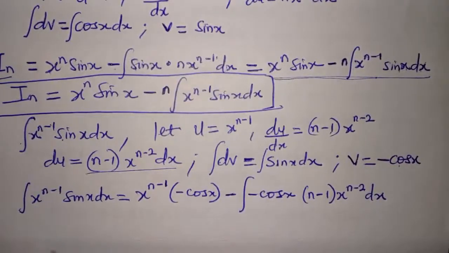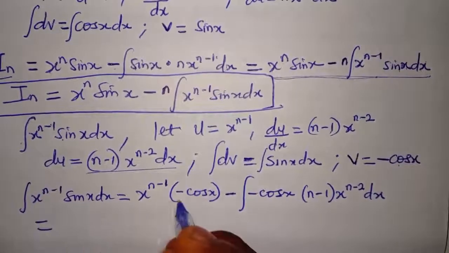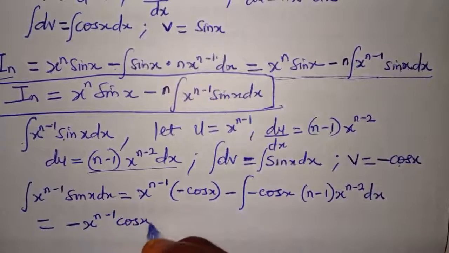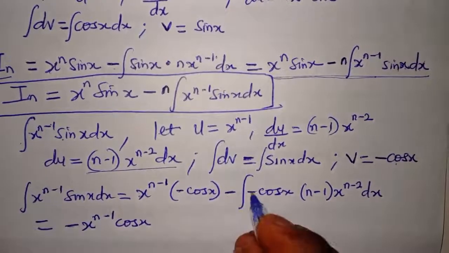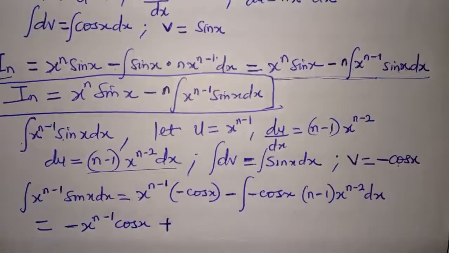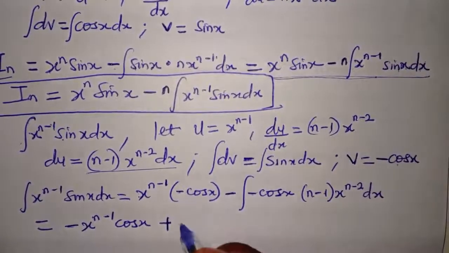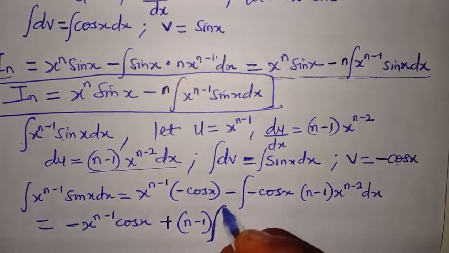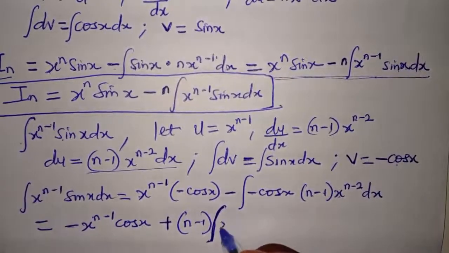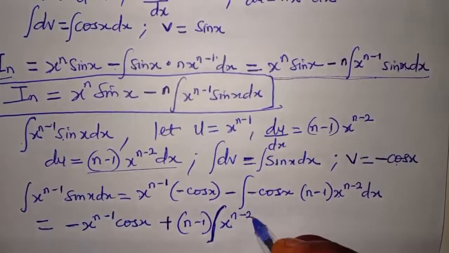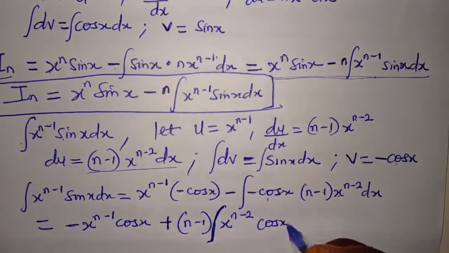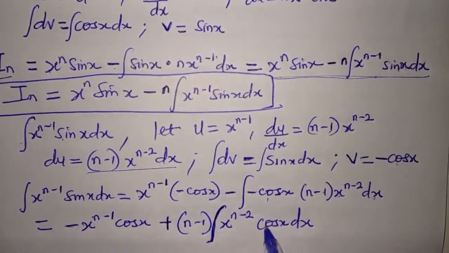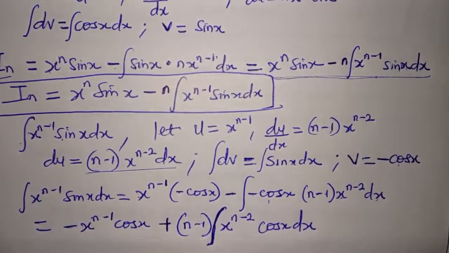So we have minus x to the n minus 1 cos x. Minus minus will give us a plus. Then n minus 1 is a constant, it will come out, times the integral of x to the n minus 2 first, then cos x dx. Now we can see that this integral now contains cosine. Is that not so? Yes.